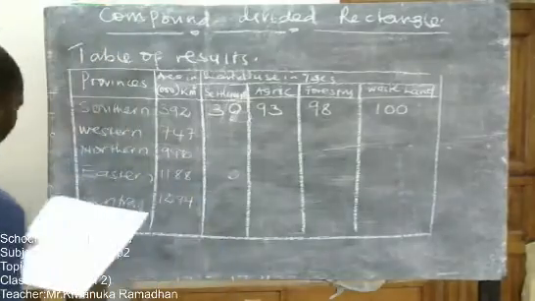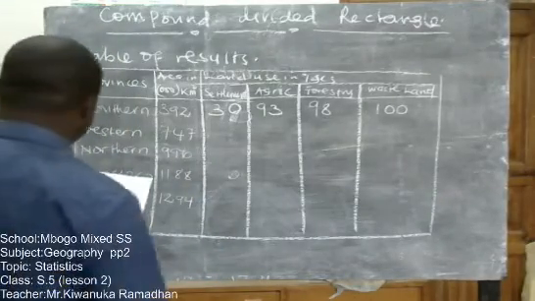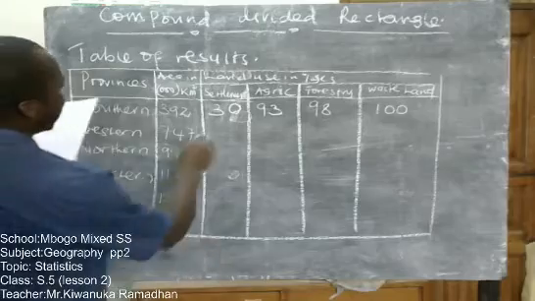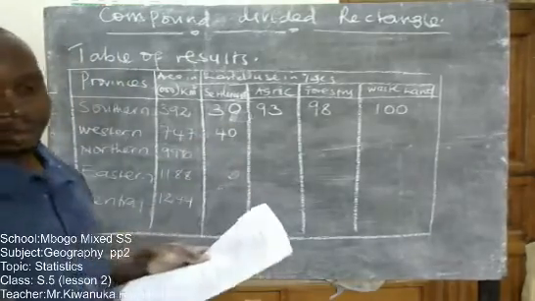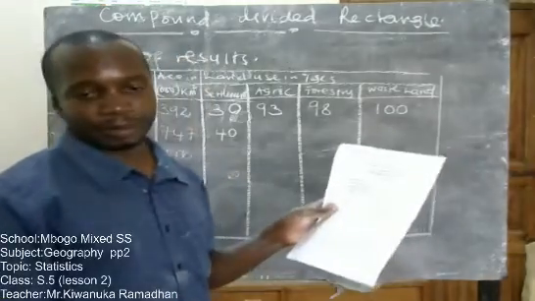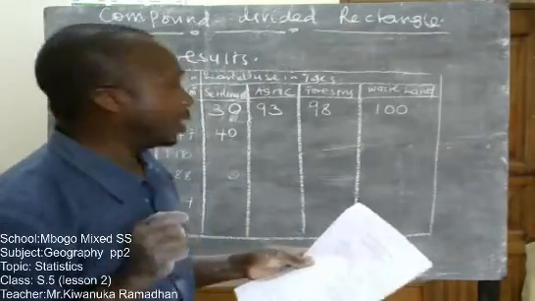Then we come to western. Western settlement is 40. This 40 is what is indicated in the question. Mine is here, yours, you have it there.